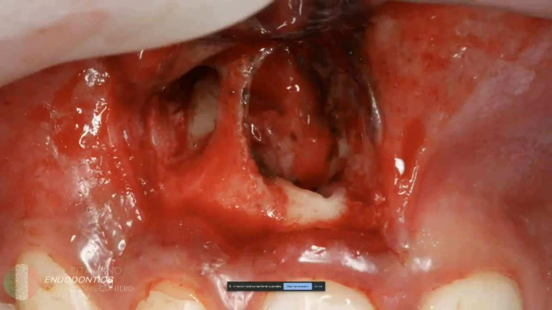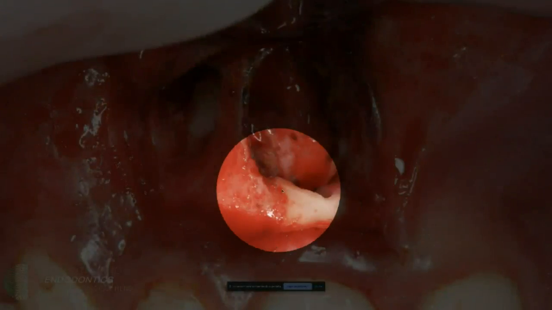Okay, so going back to the case, what I did on this case, I made a submarginal flap, and after that, I removed all the granuloma tissue, okay, from the 1.1 and also from the 1.2, okay. After I removed all the granuloma tissue, as you can see here, this is the middle third of the root.